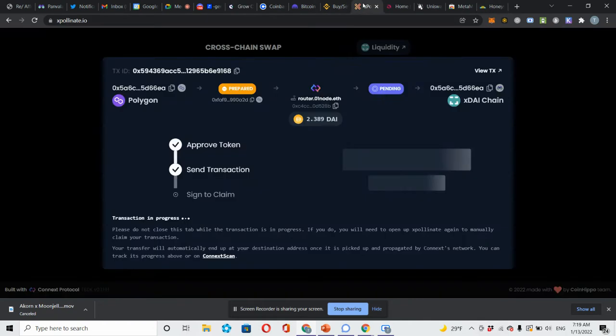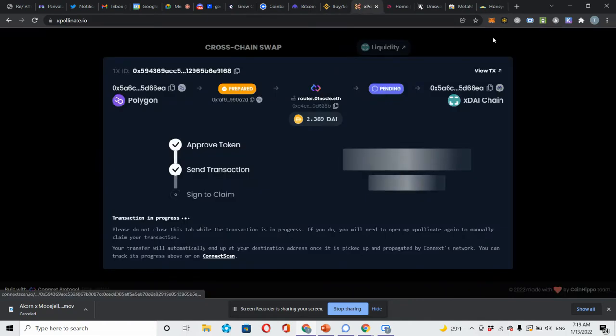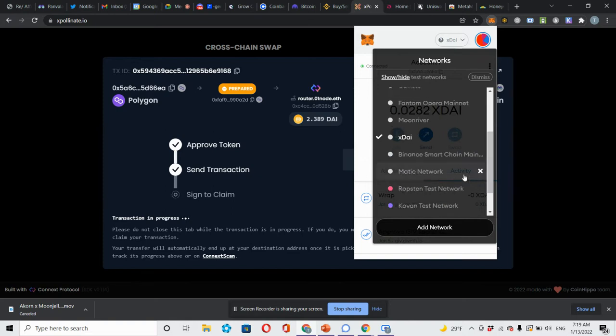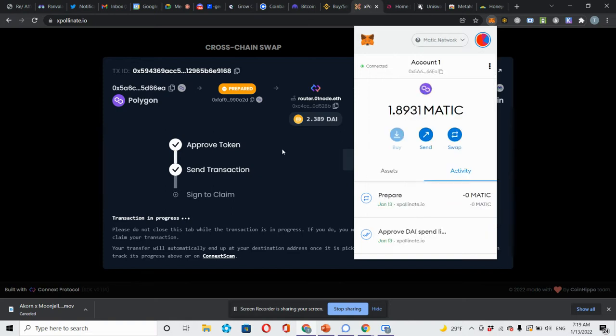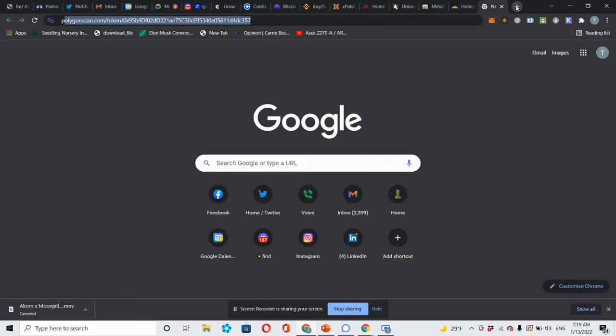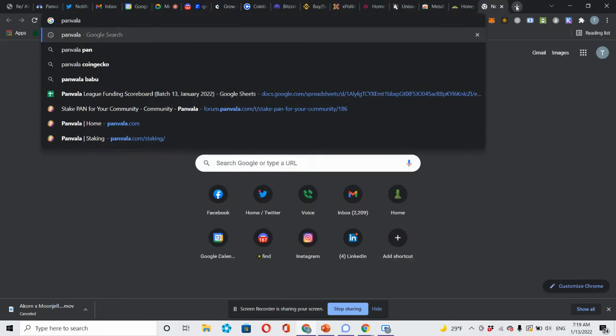We'll come back to Xpollinate, make sure we're able to claim this transaction. It still works there, but it will be able to claim momentarily. While we are waiting for that transaction to be able to be claimed, we can go to the Panvala website.